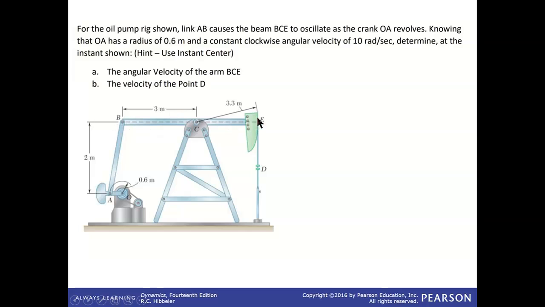From that, one can calculate the reciprocating, or linear, velocity of point D, which is connected to the piston. If you know the reciprocating speed of the piston, the area of the piston and the volume, then one can calculate the oil flow rate, that is how much oil in cubic meters per second or gallons per minute this oil pump rig delivers.